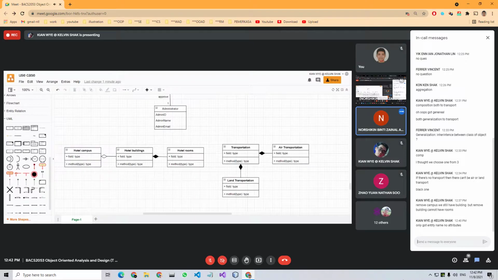That means the room is dependent on the existence of the building. As you can see from the notation, that one is composition. If I deleted one, the other will be deleted too. Okay, thank you, Kelvin.